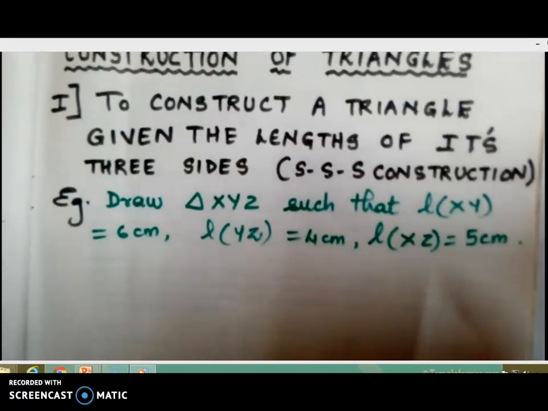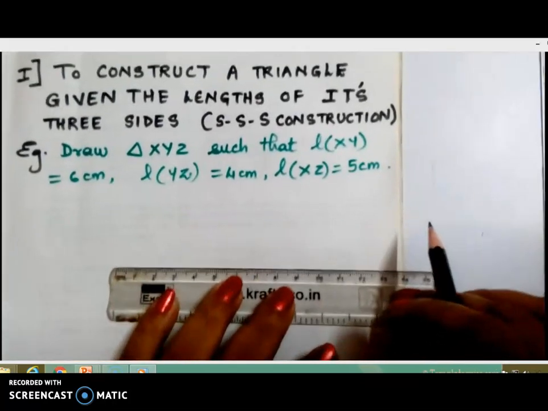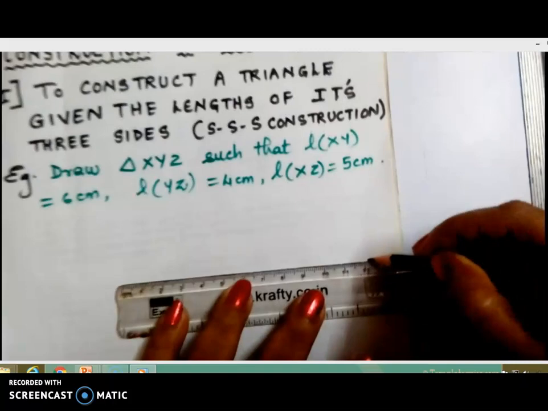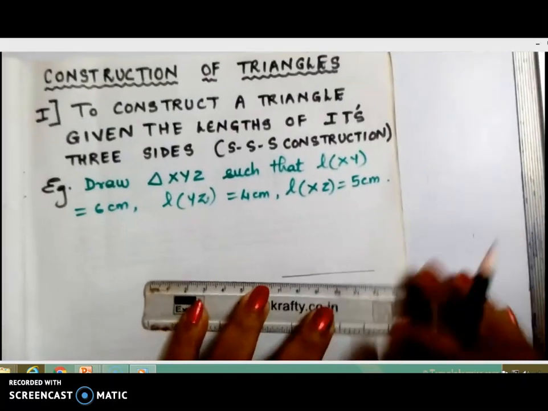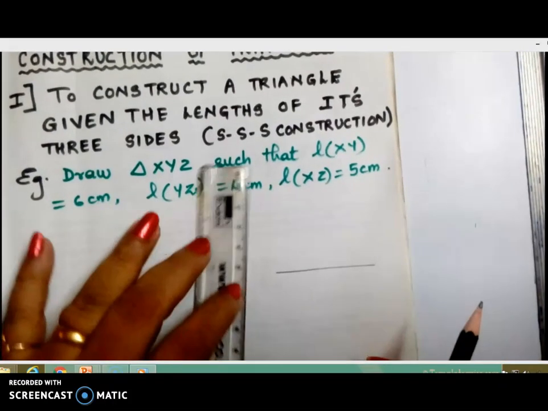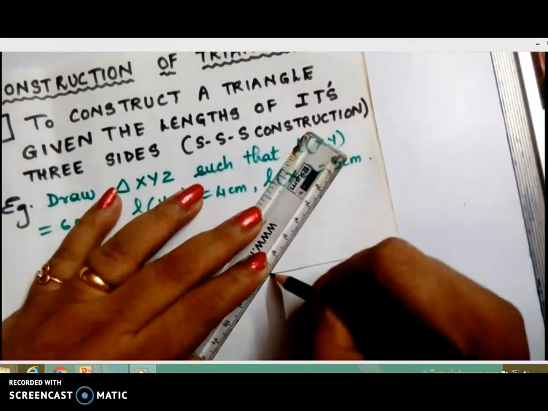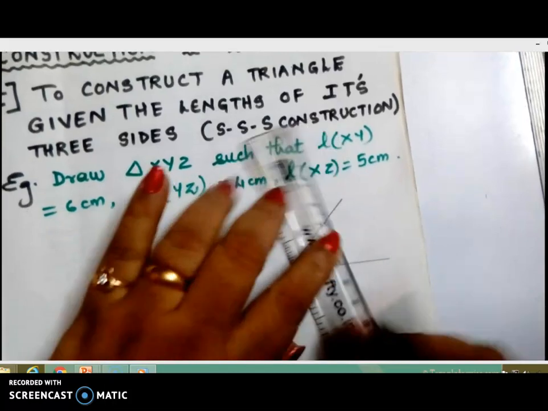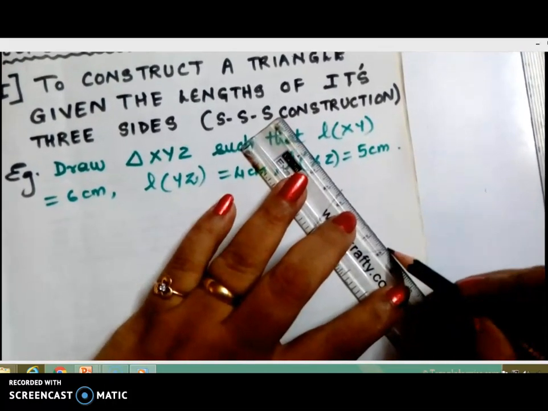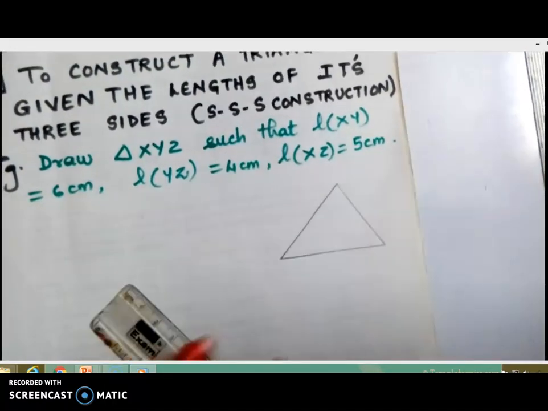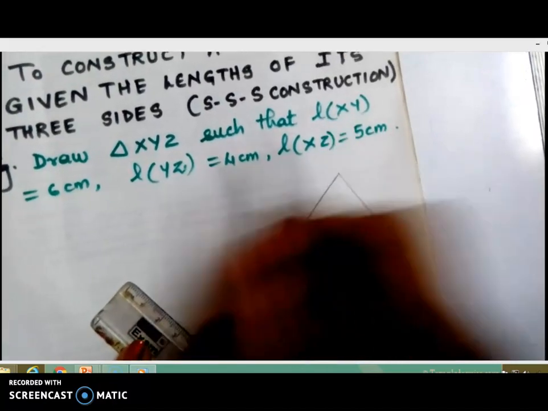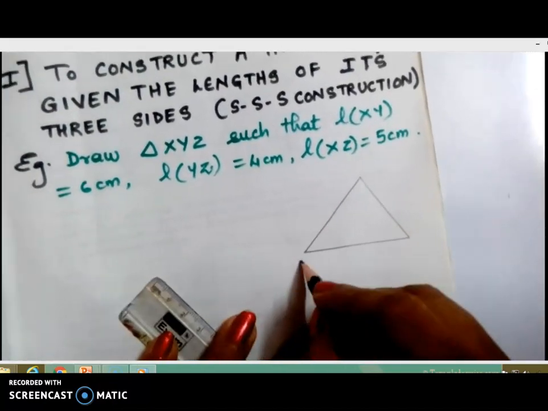So let us proceed to draw the rough figure. The rough figure should also not look bigger than the fair figure. Now here, the base we will take XY since it is the longest side.